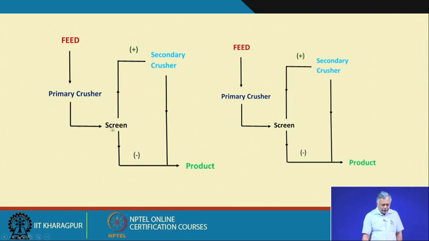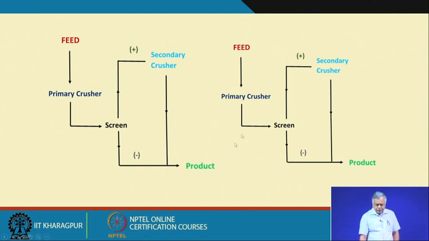So, why feed this material unnecessarily to the secondary crusher when it is already broken to a size below the discharge size of my secondary crusher? So, this is an open circuit, because we are not checking whether my secondary crusher has given me the right kind of size or not.